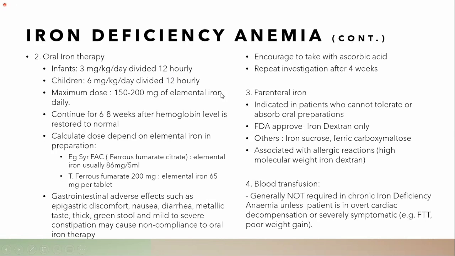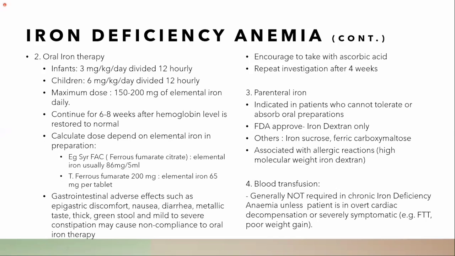After we give oral iron therapy, we continue the therapy for 6 to 8 weeks after hemoglobin level is restored to normal. There are preparations in syrup or tablet form. We have to advise the mother about GI side effects such as epigastric discomfort, nausea, and so on, and encourage taking oral iron with ascorbic acid. We repeat the investigation after 1 month.